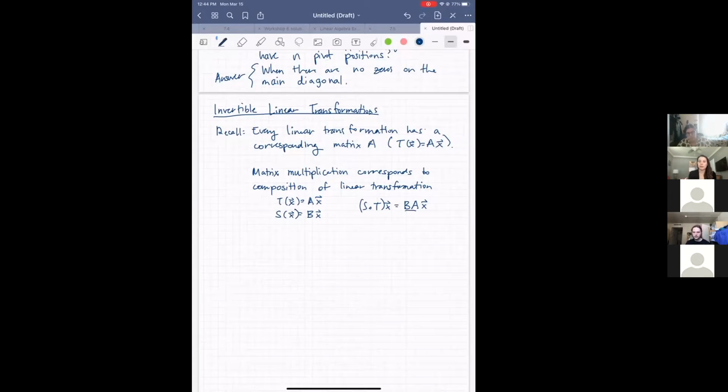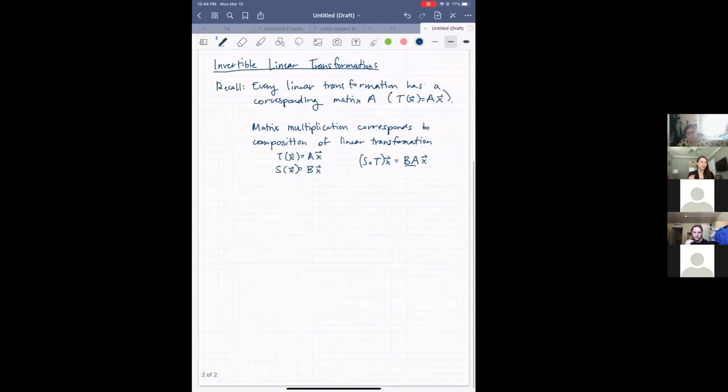So we just multiply the matrices to find the composition, right? Okay.